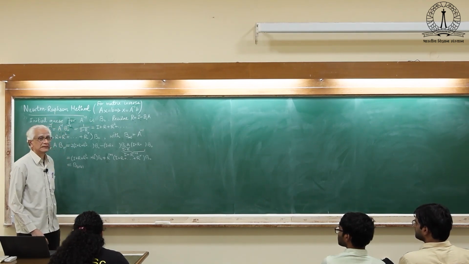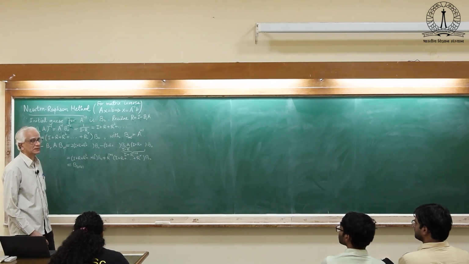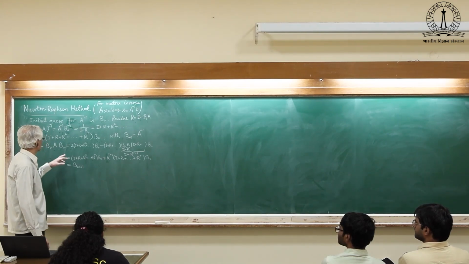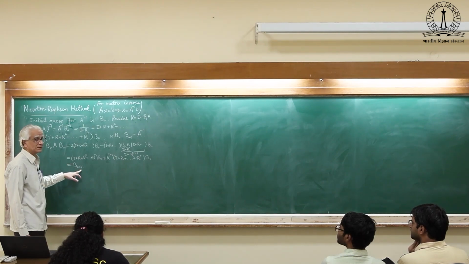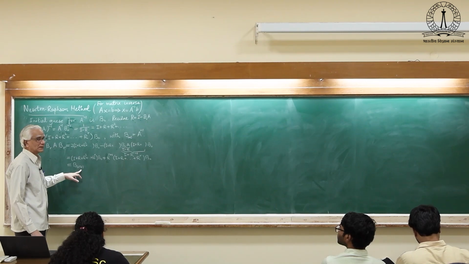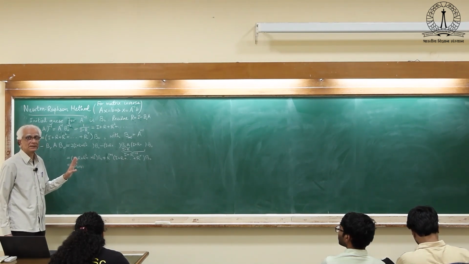And that is the power of the Newton-Raphson method. One iteration took you from order r to order 2r plus 1. It's far more powerful than a geometric series.